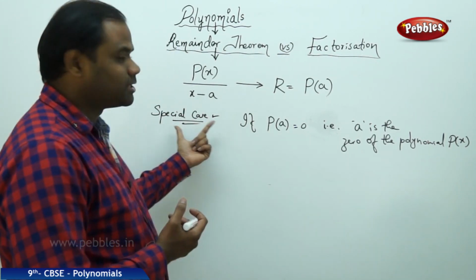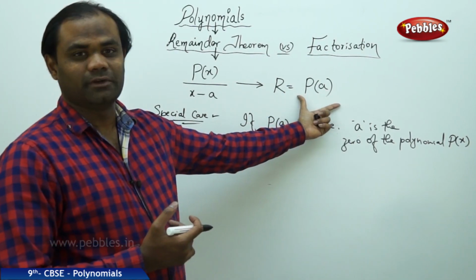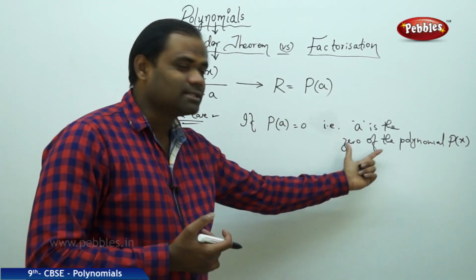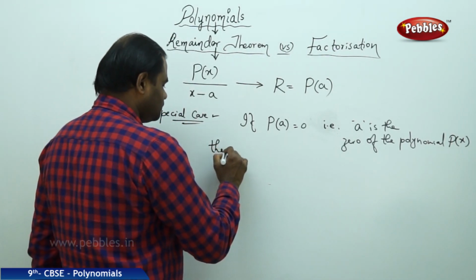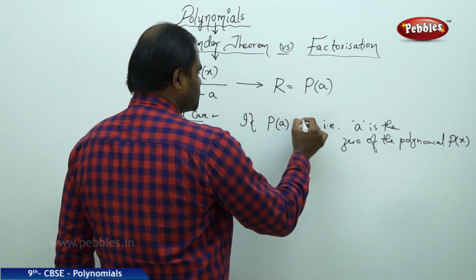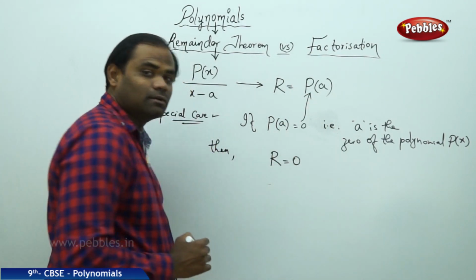Therefore, if I have a special case which says P of a is 0, that is with the condition that the remainder is 0, that is when a is the 0 of the polynomial P of x, then simply when I substitute this value in the remainder, I get remainder as 0.